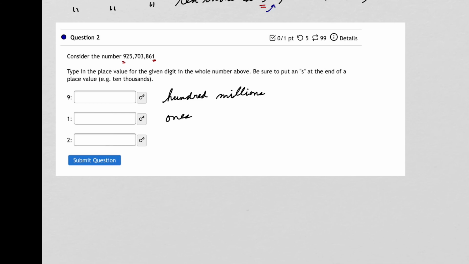And then the 2, where is it? Right here. So that's in the millions period, and it's in the tens spot, right? So it would be 10 millions. Okay, so in that question, they just wanted us to type in the actual place value for each of those digits.